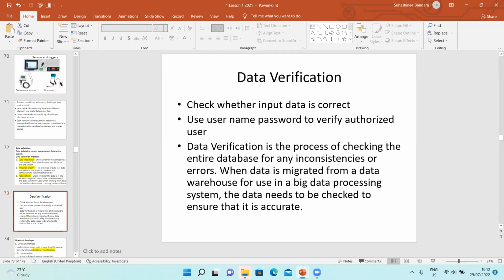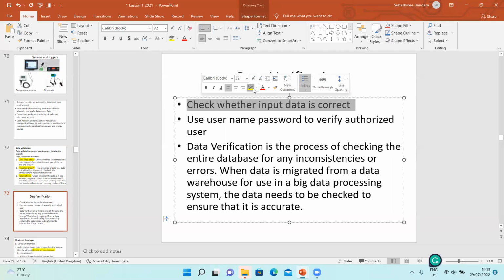When data is migrated from the data warehouse for use in a big data processing system, the data needs to be checked to ensure that it is accurate. When we enter or send data to another location, we normally verify that the input data is correct. Checking whether the input data is correct is what we call data verification.